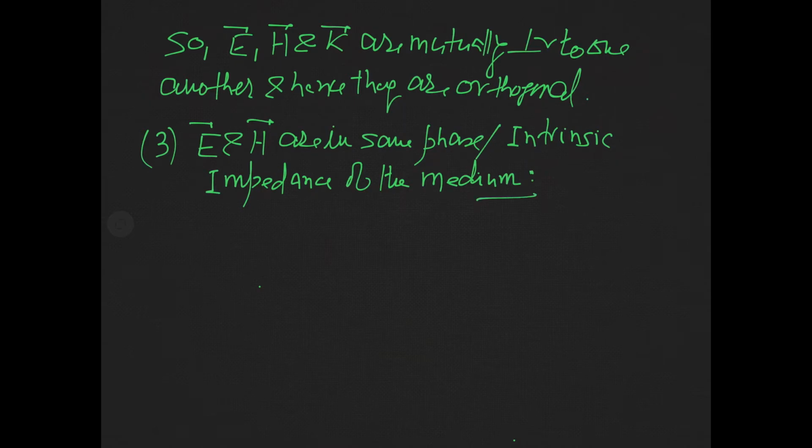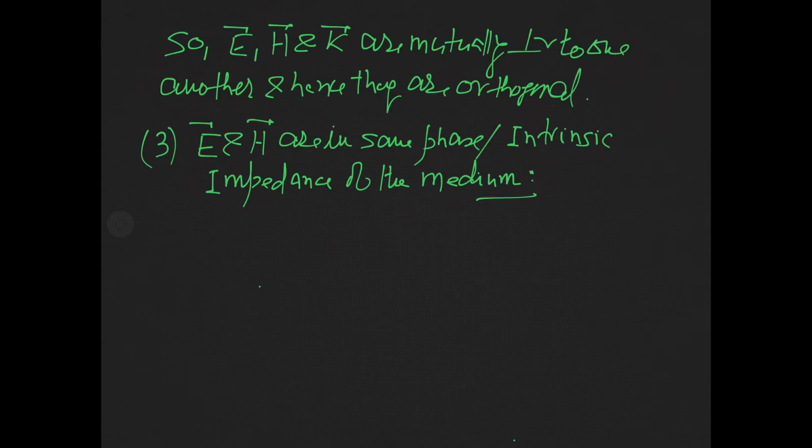And you know, these two vectors will be called in same phase only when the ratio of the magnitude of these two vectors is real and positive. And when you say these two vectors are in phase, what does it mean? It means when the electric field vector is maximum, at that moment the magnetic field vector will also be maximum. And when the electric field vector is 0, then H will also be 0.